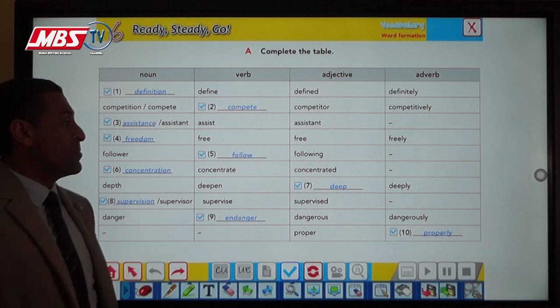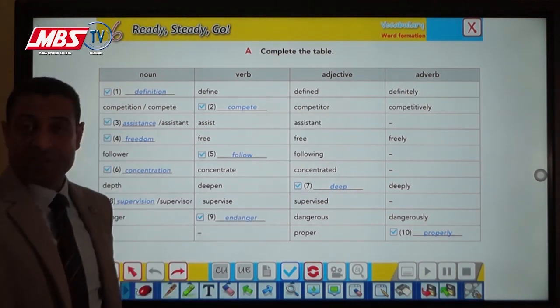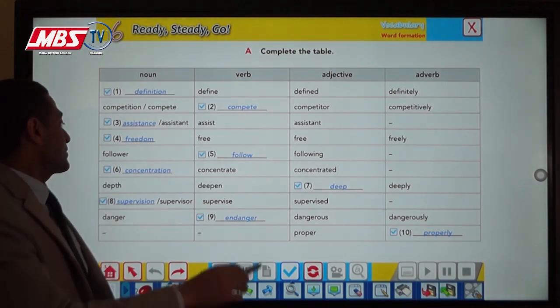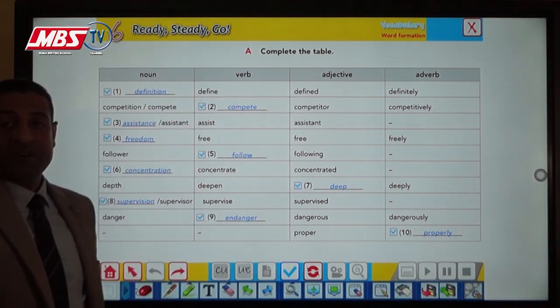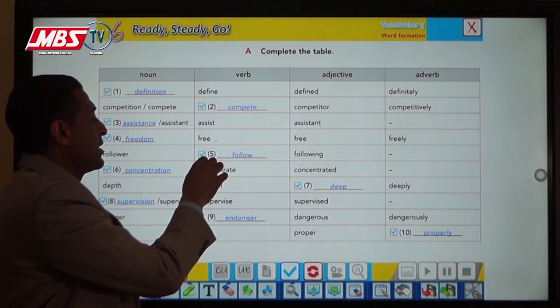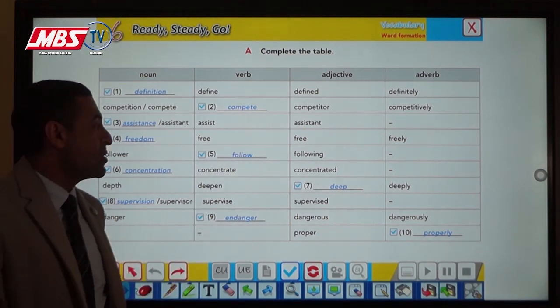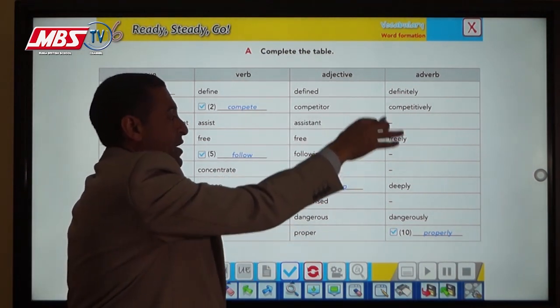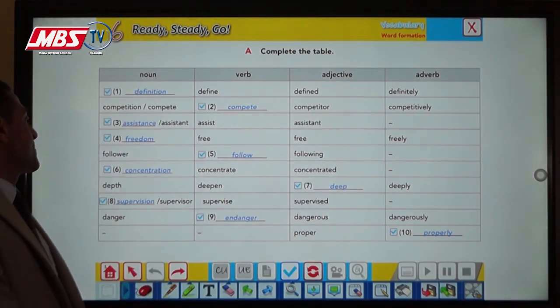The noun is freedom, and the adjective is free as well, and the adverb is freely. Follower. If I want to get the verb, it will be follow. And the adjective is following, but I don't have an adverb for this word.